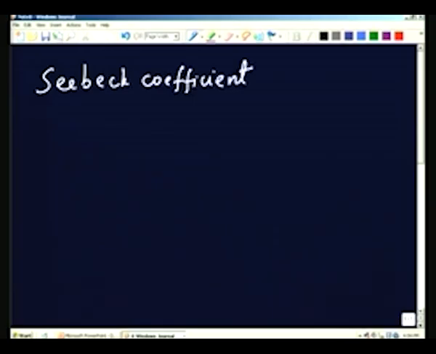Before we do that, let me just introduce another quantity which I call the Seebeck coefficient. In fact, it is known by different names. It is also called the thermoelectric power. It is nothing but the derivative of Vs with respect to temperature.